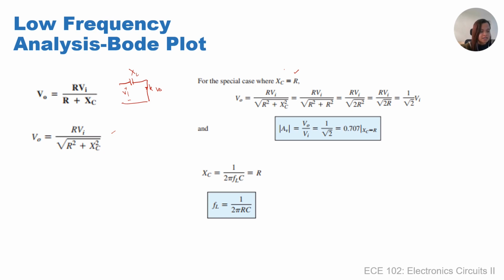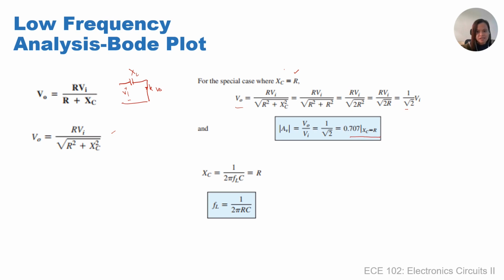That is the relation of V out over V in whenever the capacitive reactance is equal to R. The magnitude gain of these elements, V out over V in, is 1 over the square root of 2, or 0.707. That is the case if XC is equal to R.